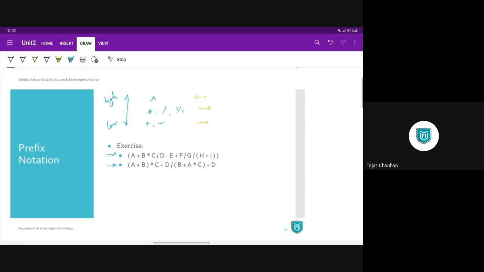Look, B star C divide D. There is no parenthesis, and multiplication and division have the same precedence, left to right associativity. So B star C will be evaluated first. That becomes star BC. So BC will stay together, which means we have some problem here, right? Parthiv, just verify.